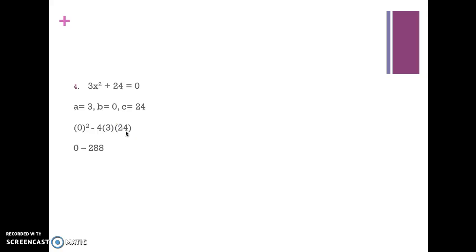So we have 0 minus 288, and we're getting negative 288. Since this is negative, we're going to get two imaginary roots. And it's less than 0.